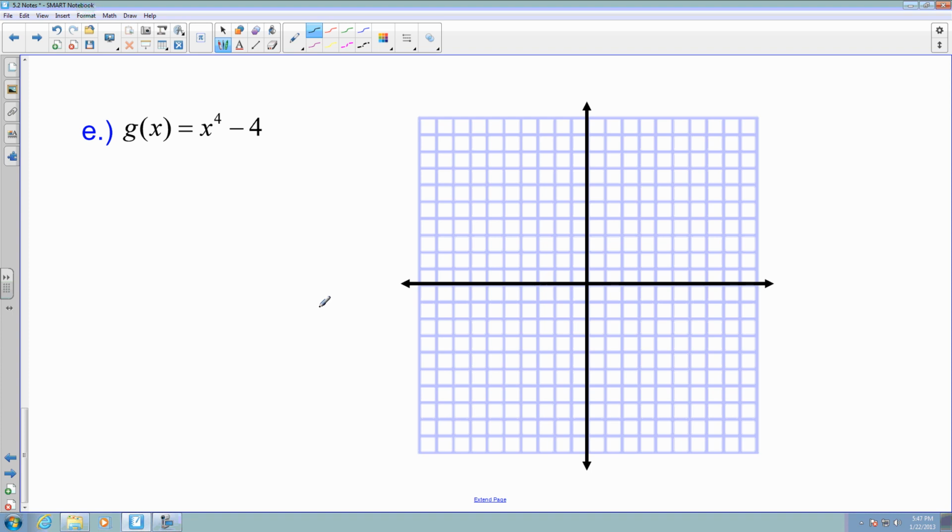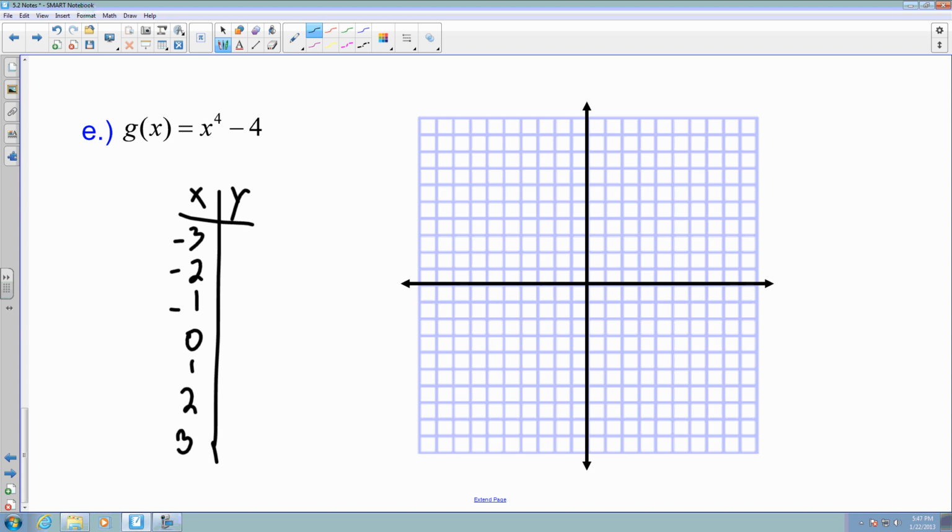And for E, I have g of x equaling x to the 4th minus 4. So I want the standard -3, -2, -1, 0, 1, 2, and 3, and I'm going to plot these points.